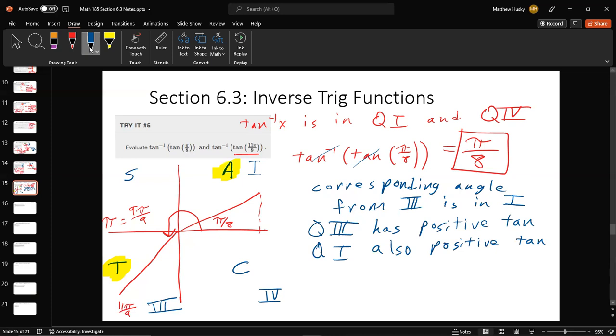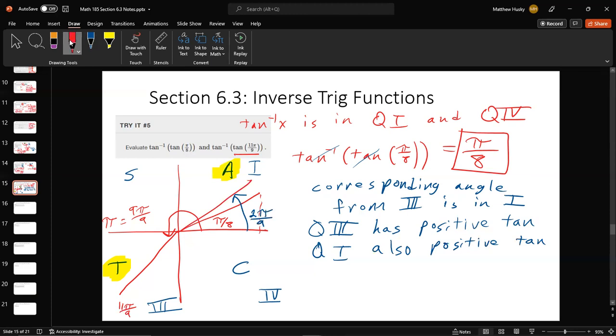So what we need to do is find an angle that is also going to be in quadrant 1, which is going to be like over here. Well, it turns out that that is going to be 2 pi over 9. How do I know?